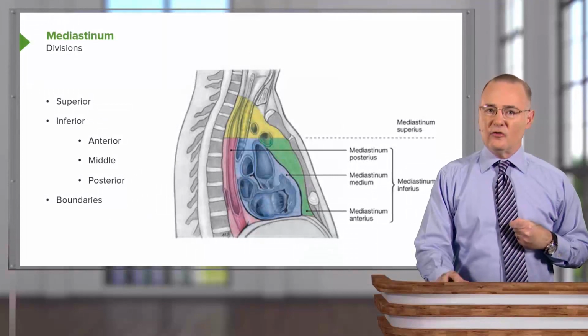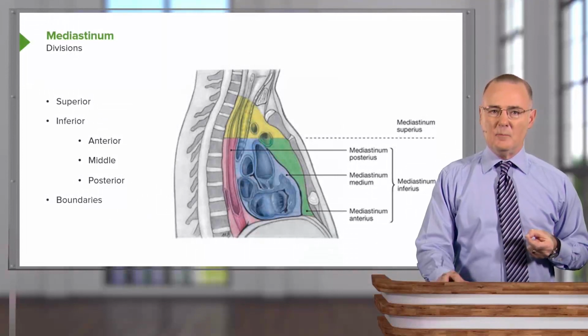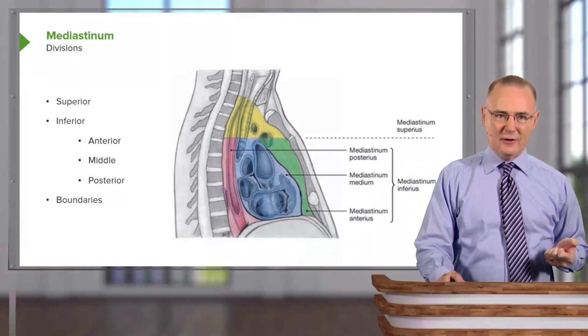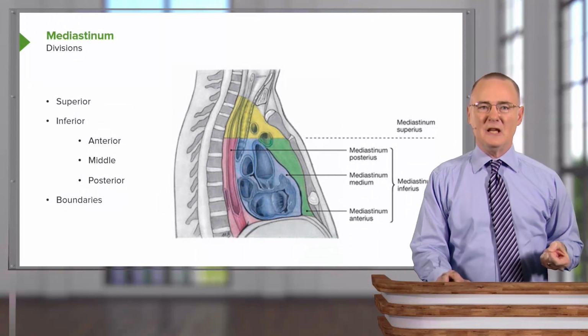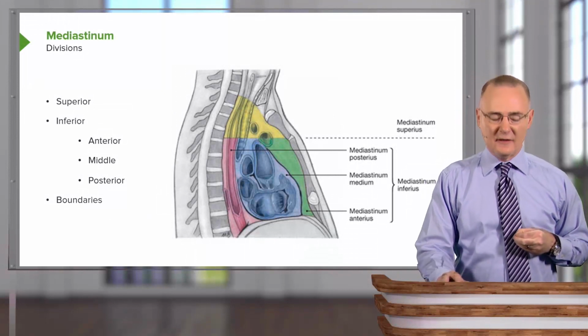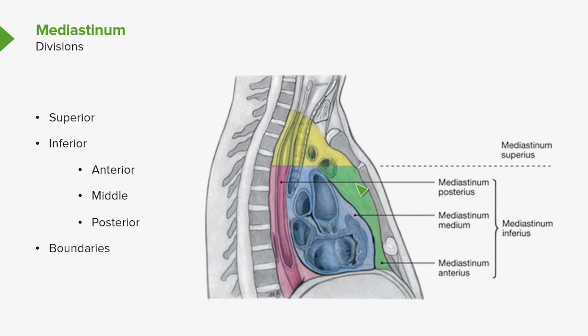Now again, we can subdivide the inferior mediastinum into an anterior mediastinum, middle mediastinum, and a posterior mediastinum. The anterior mediastinum is shown here in green, and it is an area that is between the sternum anteriorly and the pericardium posteriorly.